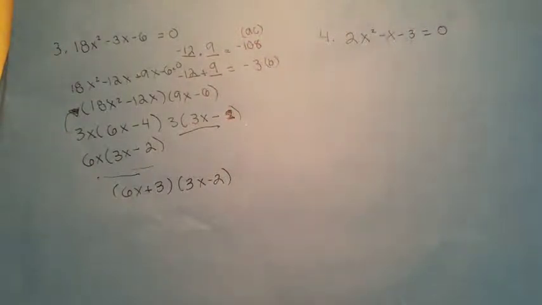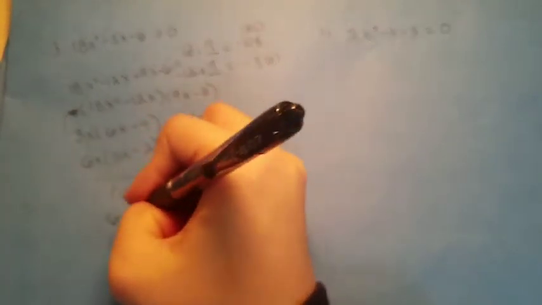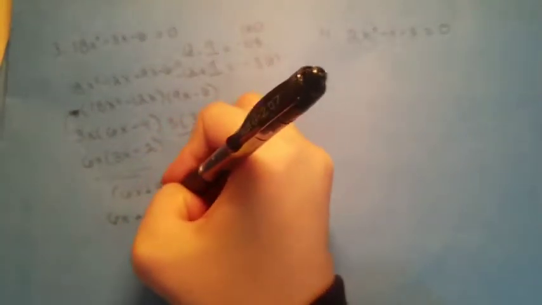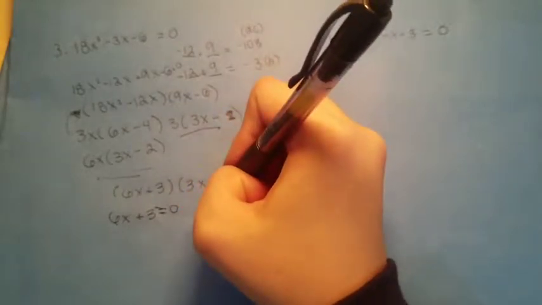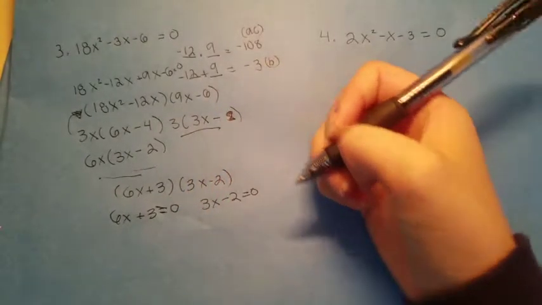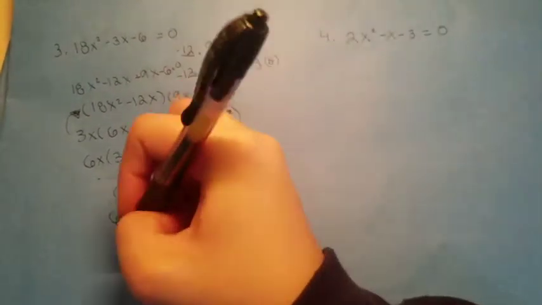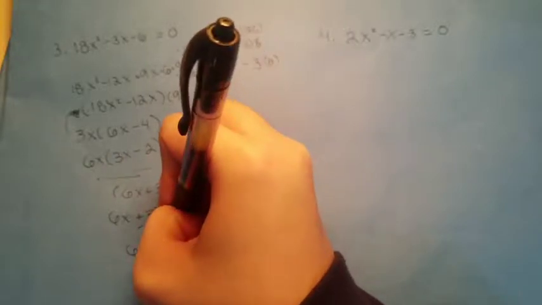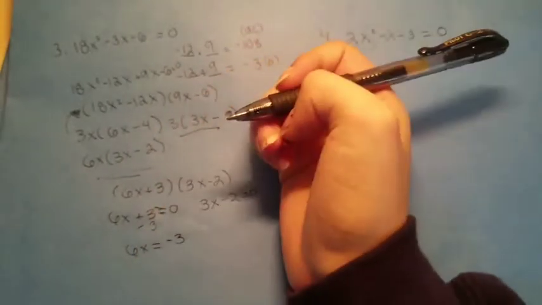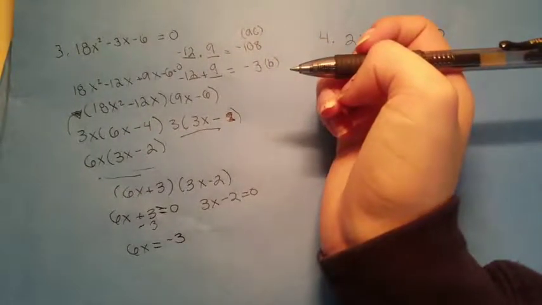And then you practically just set them equal to 0. So 6x plus 3 equals 0, and 3x minus 2 equals 0. And then you subtract 3. So 6x equals negative 3. Oh my god, sorry. 6x equals negative 3.